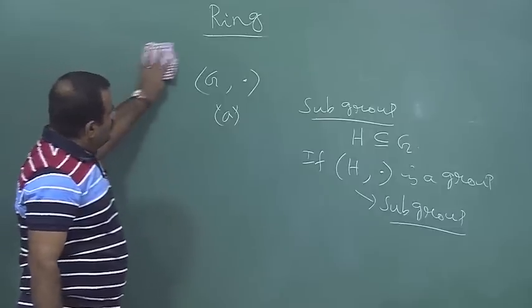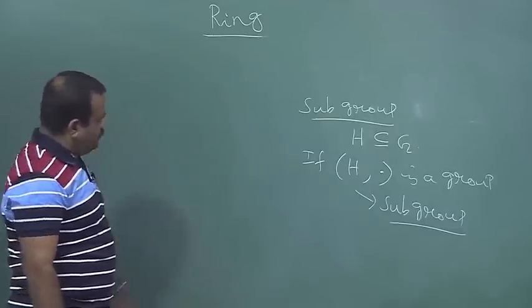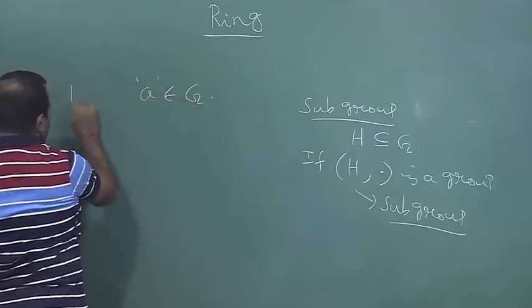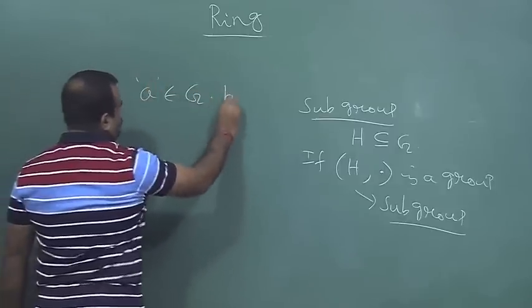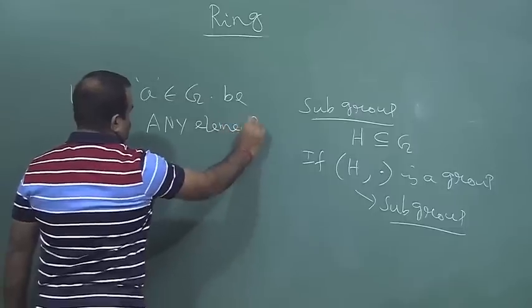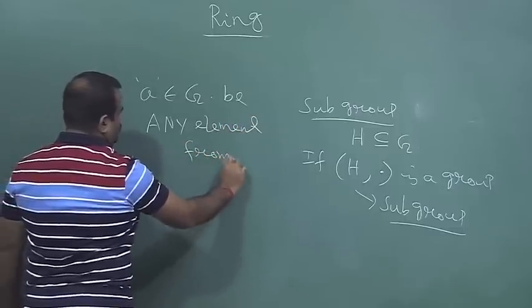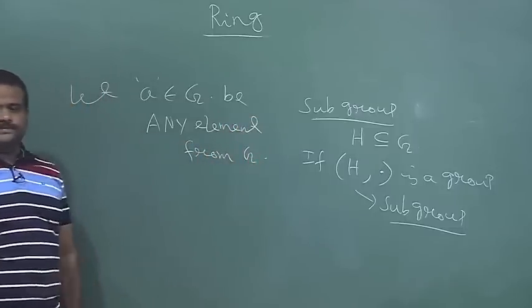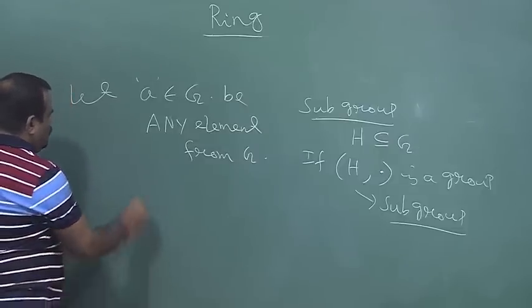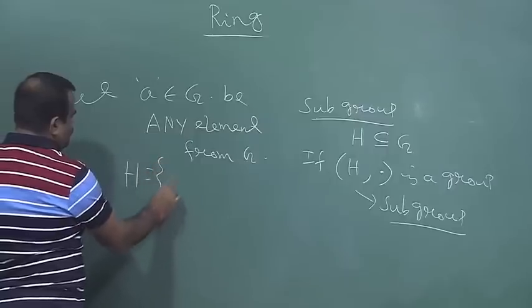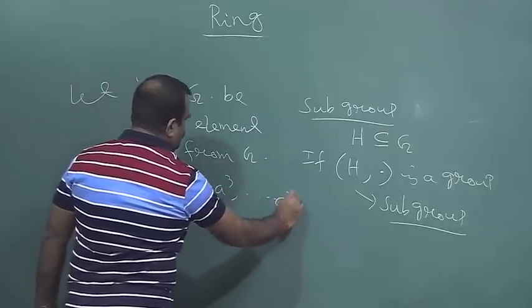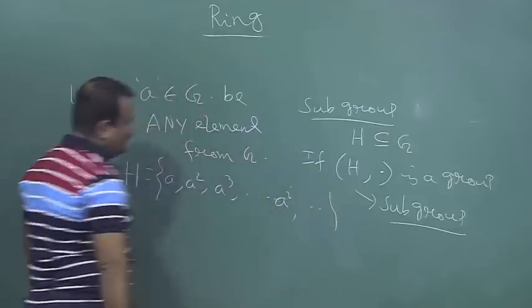Okay. Now, if we take an element, let A be any element from G. Now, if we take this set A square, A cube, like this, A to the power i, like this.